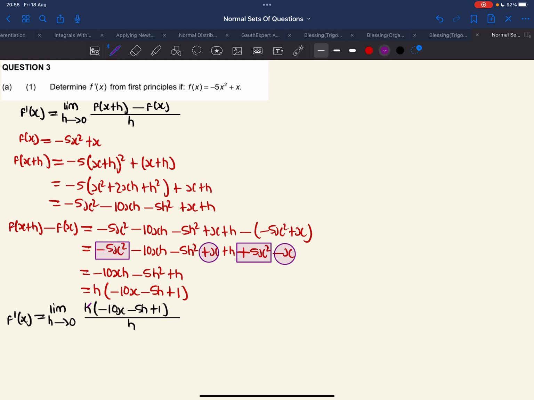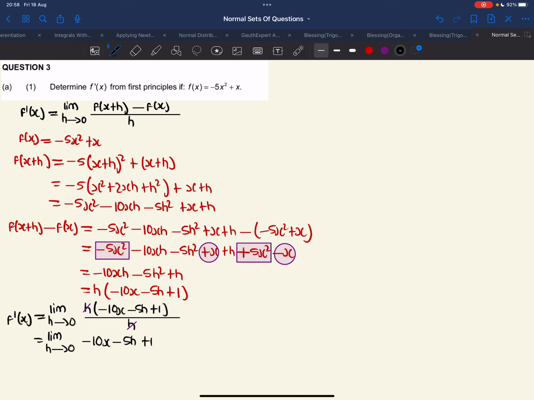And can you see that those h cancel out? Then you should be left with the limit as h approaches 0 of minus 10x minus 5h plus 1.